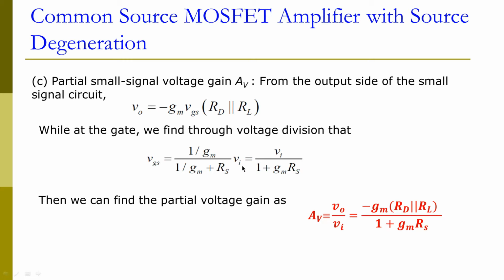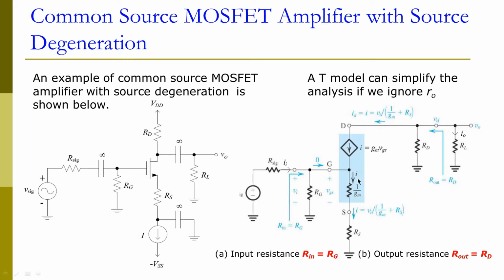Now let's go back to the small signal model here. From gate to the source is our vgs, and from the gate to the ground is our vi. So from vi to the vgs, it goes through this voltage divider here. One resistance here is 1/gm, another resistance here is Rs.